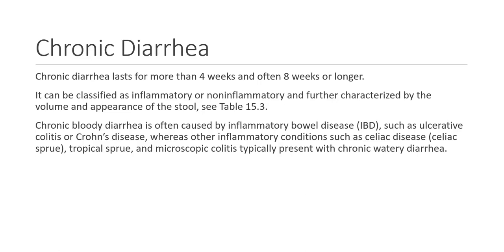Chronic bloody diarrhea is often caused by inflammatory bowel disease, such as ulcerative colitis or Crohn's disease. These are both autoimmune diseases. Whereas other inflammatory conditions such as celiac disease, celiac sprue, tropical sprue, and microscopic colitis typically present with chronic watery diarrhea.